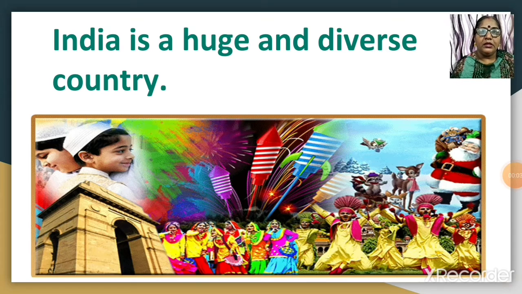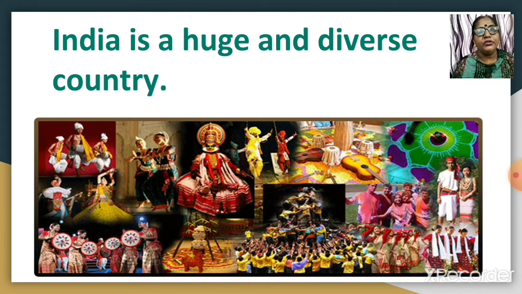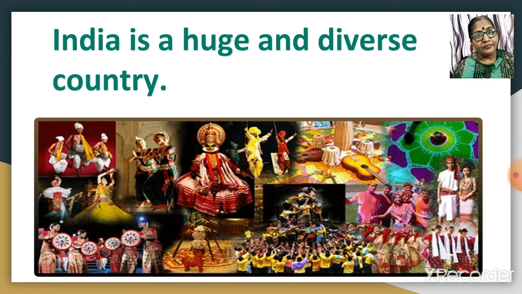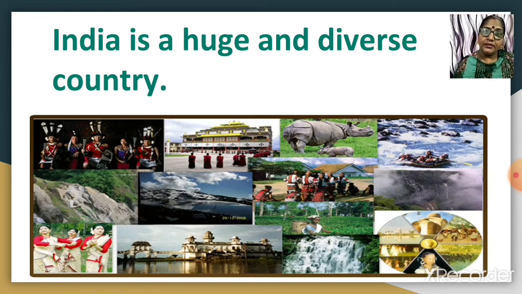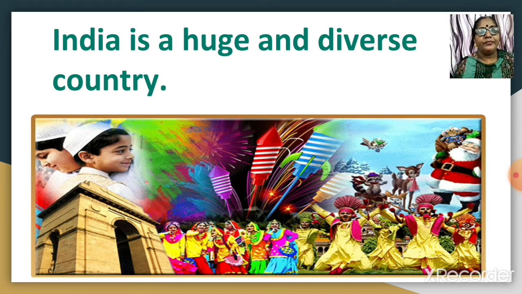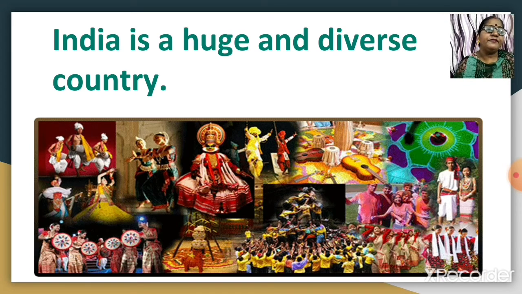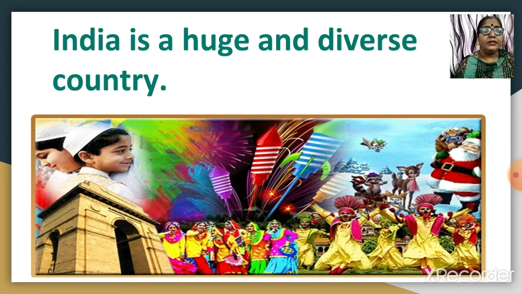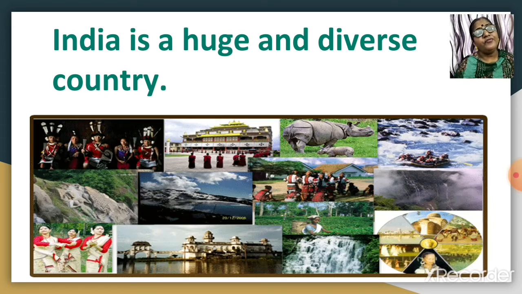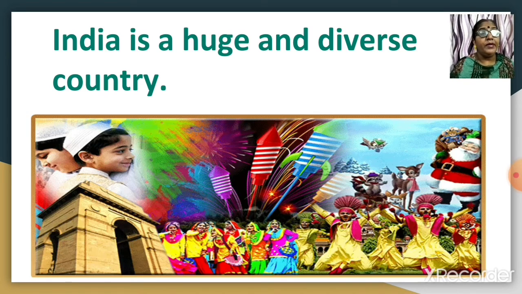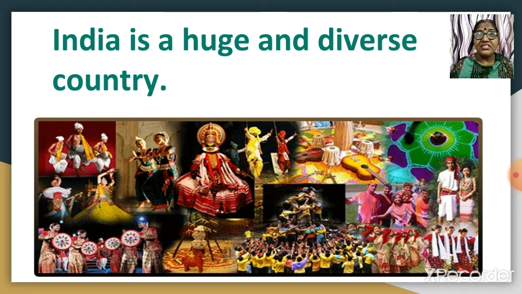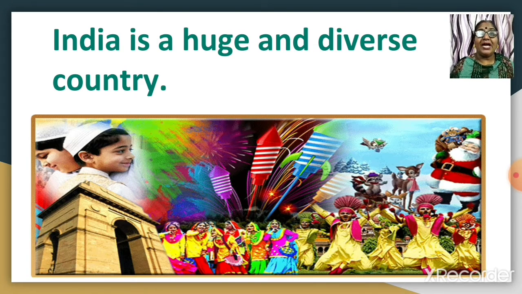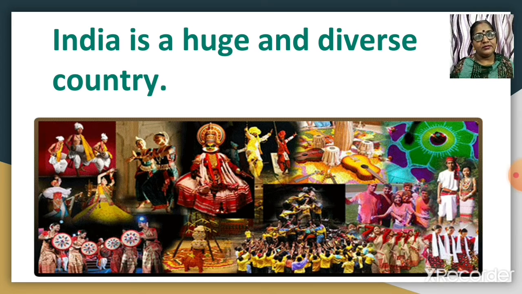Children, the making of the Constitution for a huge and diverse country like India was a very tough task. At that time, people of India were emerging from the status of subject to that of citizen.